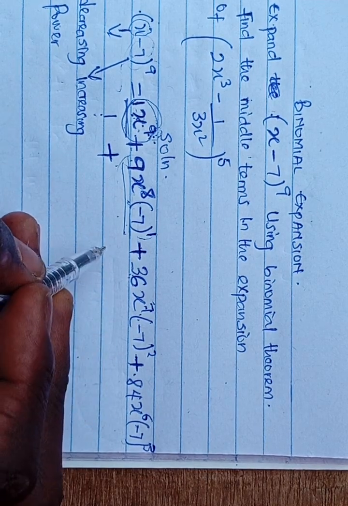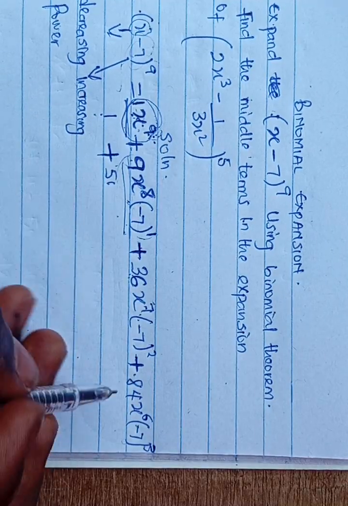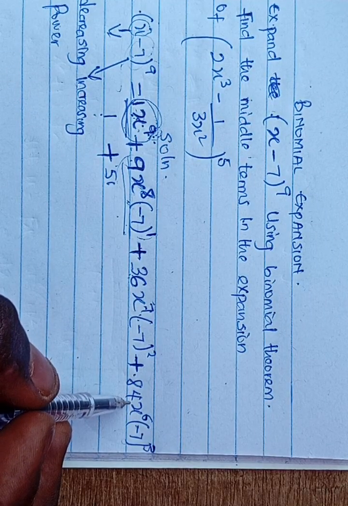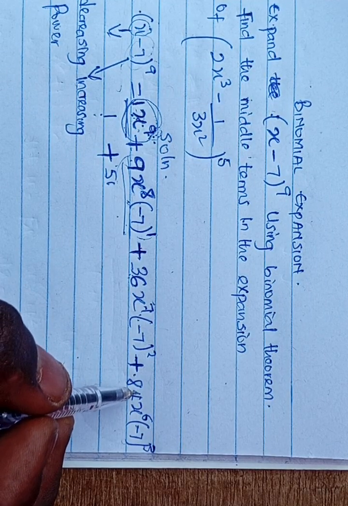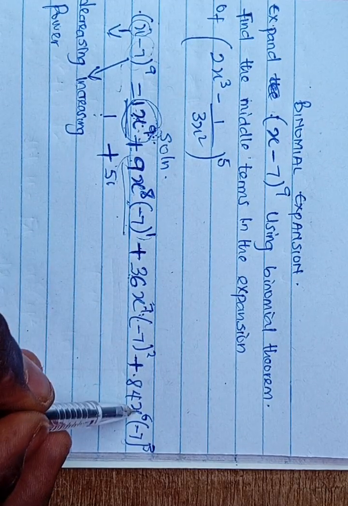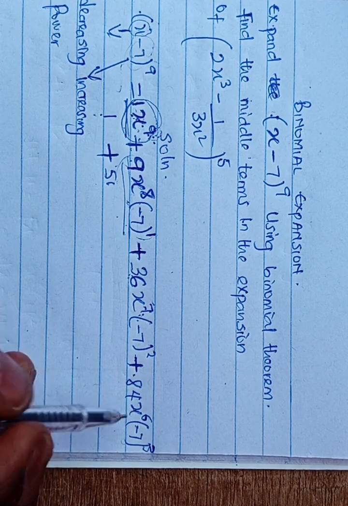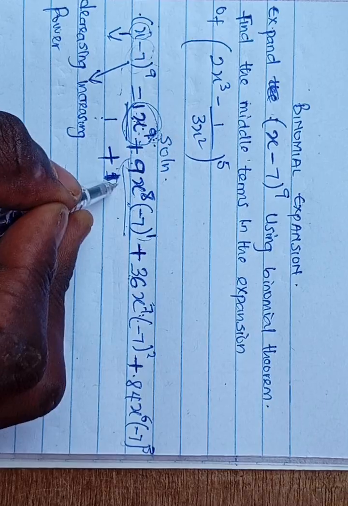I will not put 504 first, because there is still one more step. 504, 1, 2, 3, 4, this one is the fourth term. It means you have to divide 504 by 4, and that one will give you 126.